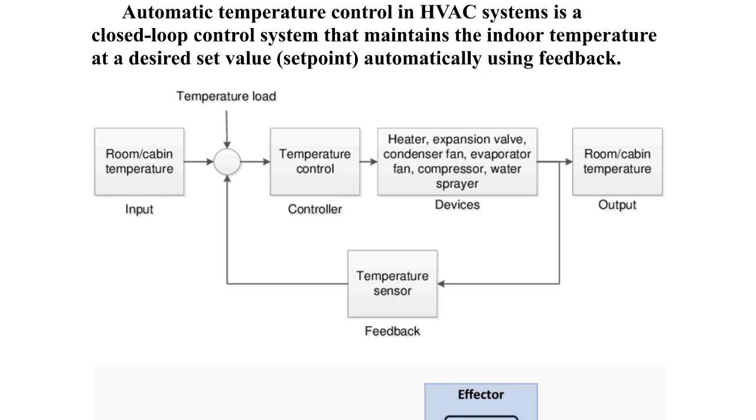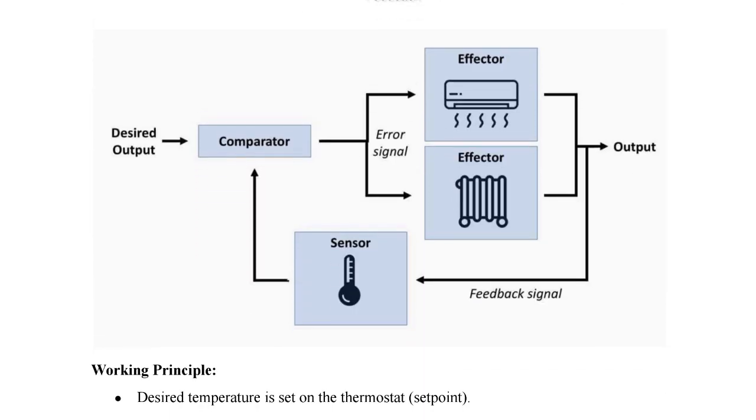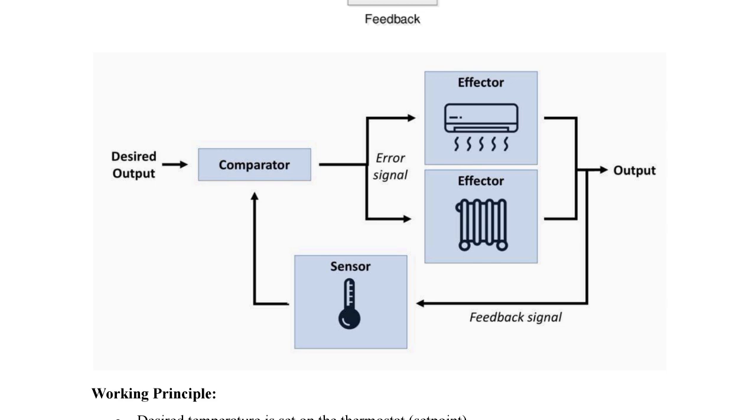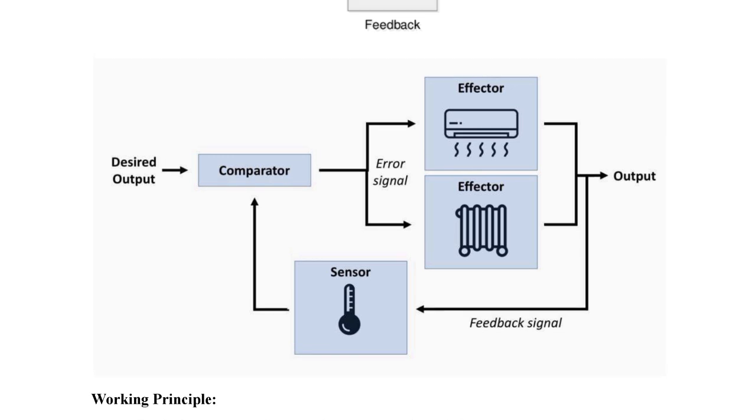If any corrections are needed, the temperature controller will automatically adjust and maintain the indoor temperature at the desired set value. This is another type of error control, where the desired output is compared in the comparator, and based on the error signal it maintains the desired temperature value.